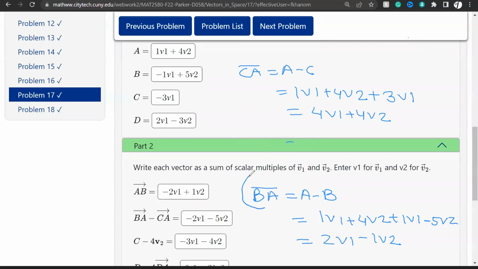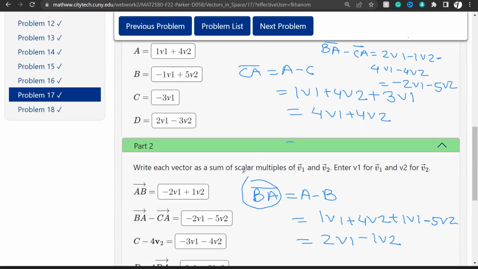Now I have to do this one minus this one. So BA minus CA is 2 V1 minus 1 V2 minus (4 V1 plus 4 V2). So it's 2 V1 minus 4 V1, which gives me -2 V1, and then -4 V2 minus 1 V2 gives me -5 V2.